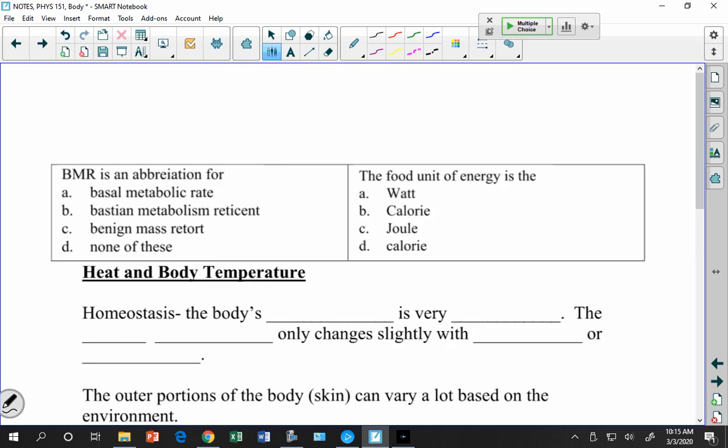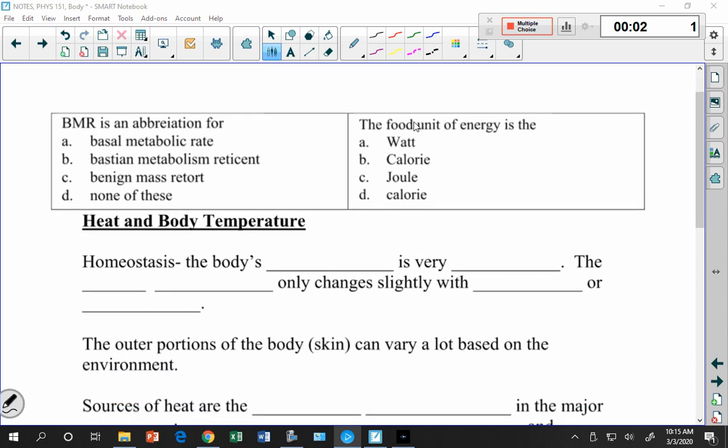Okay, let's try these clicker questions. We're almost done. BMR is an abbreviation for what?